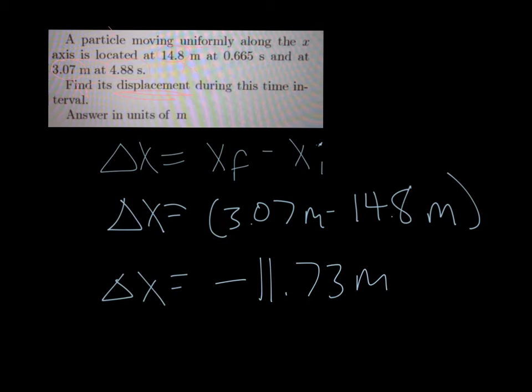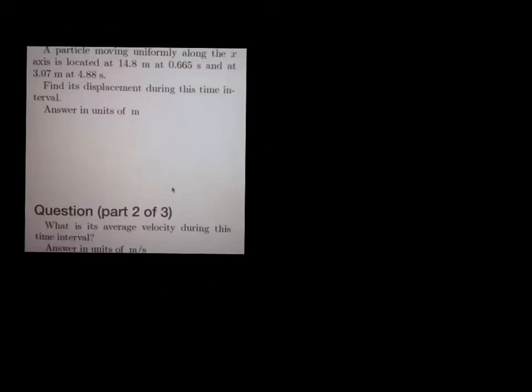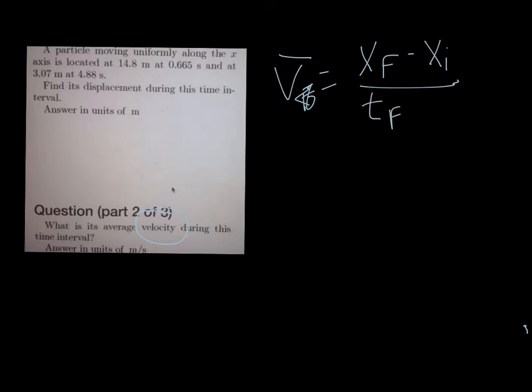Alright, the next question asks you to find the average velocity. Okay, well, velocity is going to be equal to, not final velocity, average velocity. It will be equal to xf minus xi, which we've already done, divided by tf minus ti.